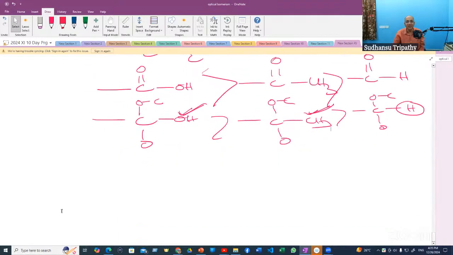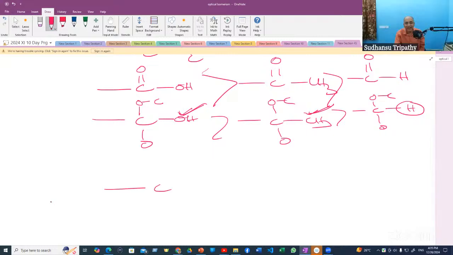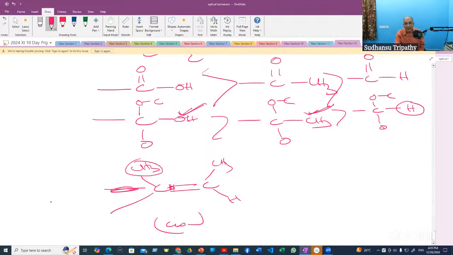You understood? Yes, sir. If you have a cis, supposing a group is like this, this entire group is cis, connected to a chiral center, and the other one is trans.